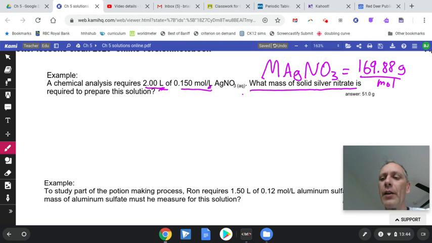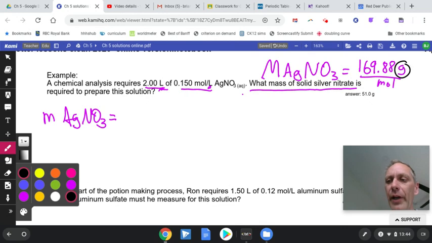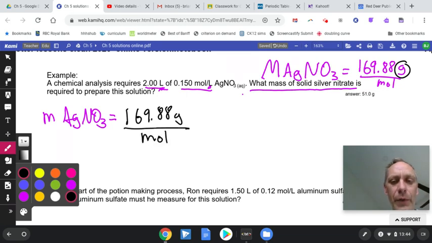Okay, so that's going to give me all of my units. So we are looking for mass. So I will start this off. Mass of AgNO3 in grams. There's my grams. So that's what I'll start with, the molar mass, 169.88 grams per mole.